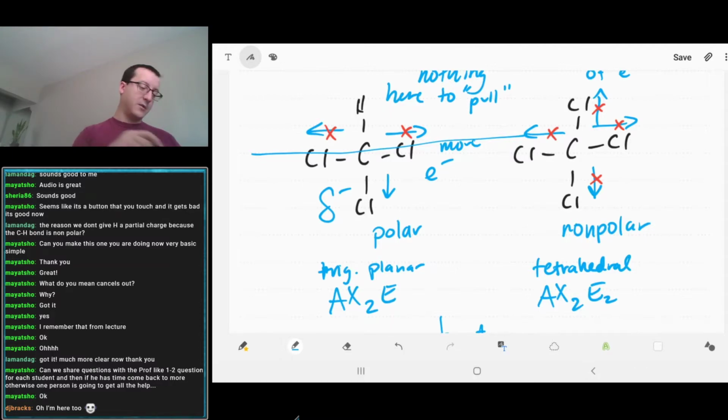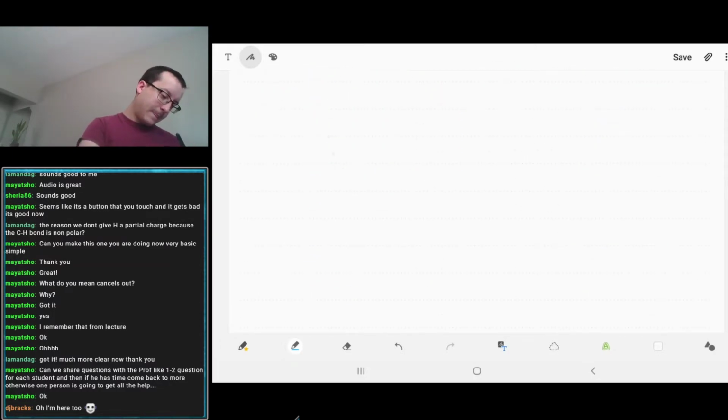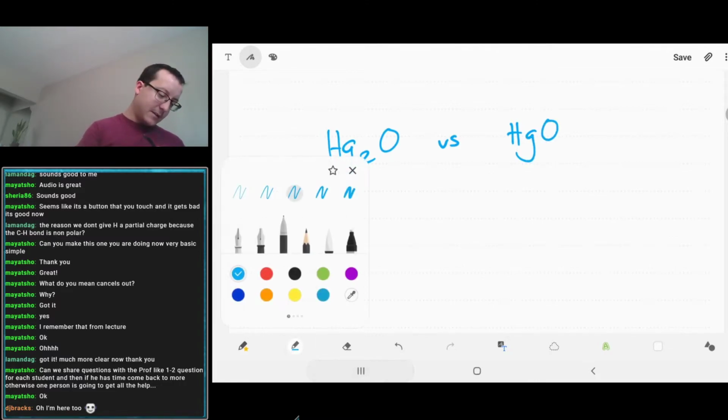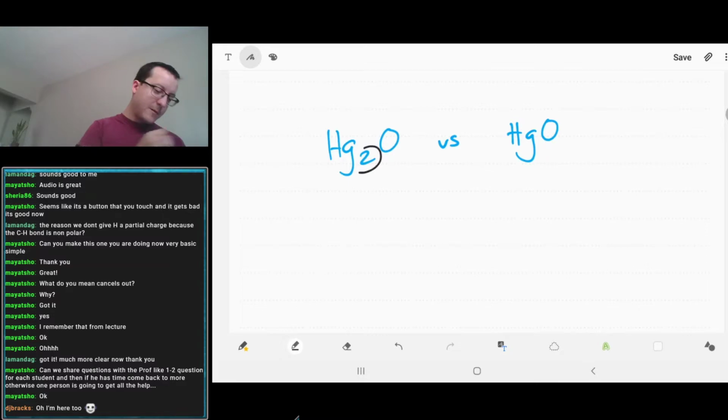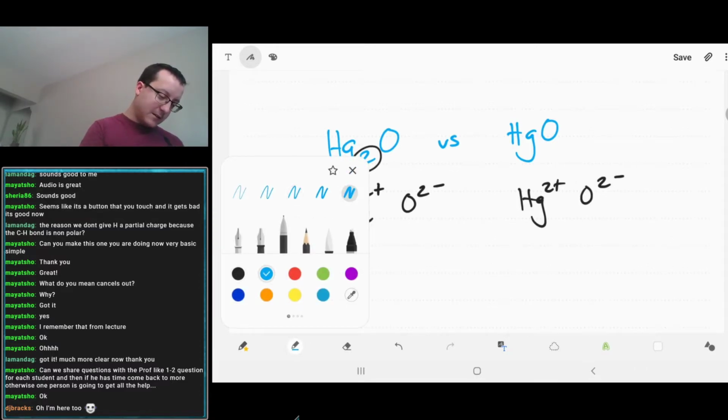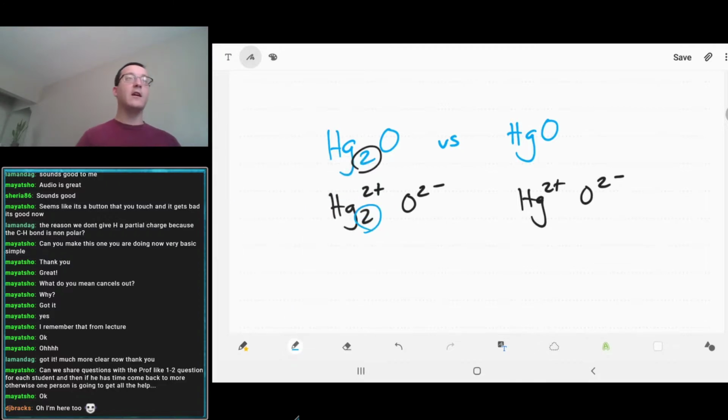How do we know which mercury to use? This is how you'll know, because you will notice if you have this 2 here or not. Both of them have a 2 plus charge. The only thing different about mercury 1 is this little subscript here.